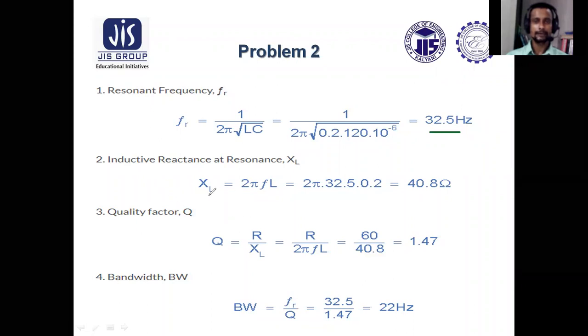Inductive reactance at resonance is 2 pi FR into L. FR is found, L is known. So this is the inductive reactance. Quality factor is R by XL, that is R by 2 pi FL. Bandwidth is FR by Q, 22 hertz.